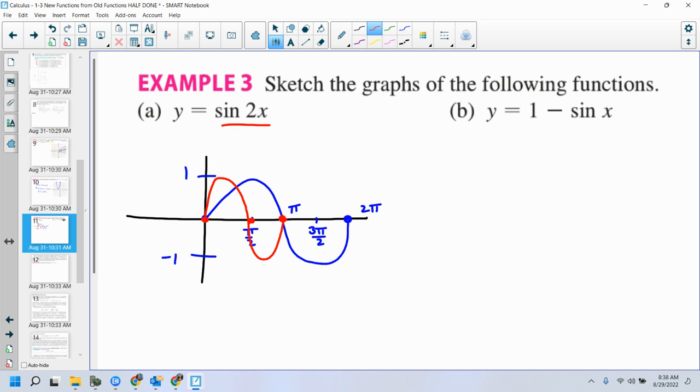Now, where are these happening? Instead of pi over 2, where's it going to be? Pi over 4. Instead of 3 pi over 2, 3 pi over 4.